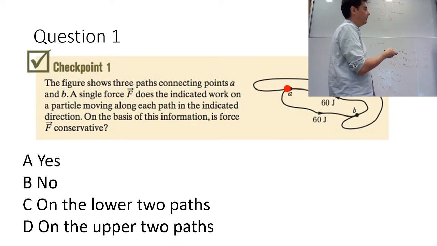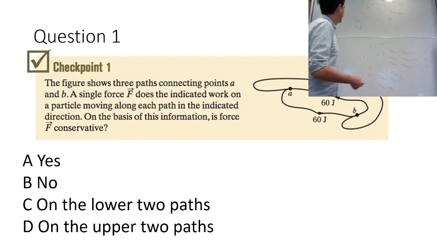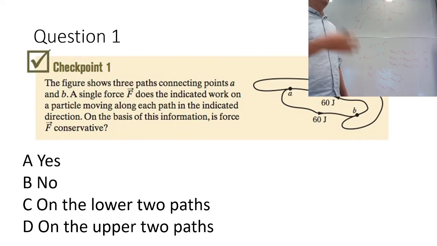So for example, you go here, A to B along this path, that's minus 60. Say you go back along this path, that's minus 60 and 60. So it's 0. So in our hiking example, you go from A to B and then back, and then basically you gain that potential energy that you lost.